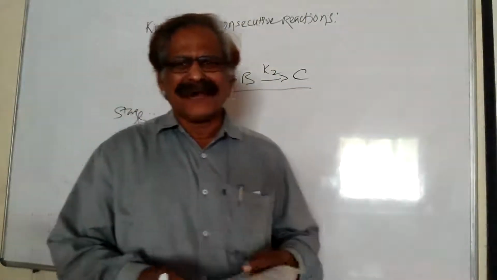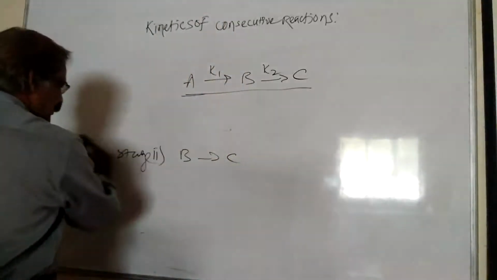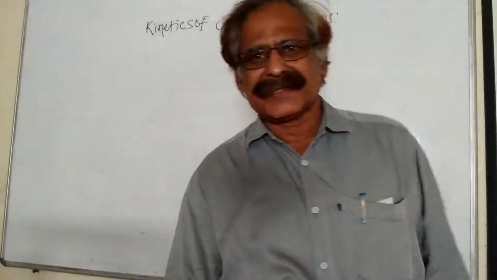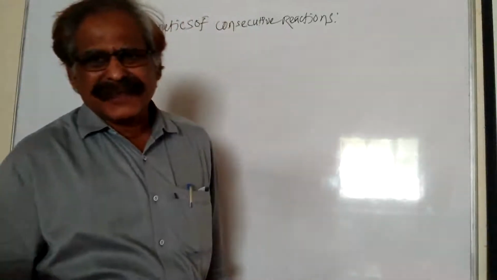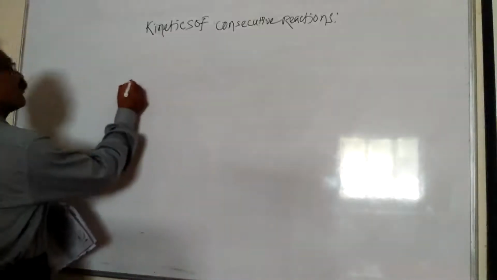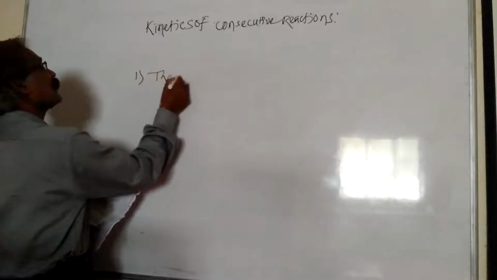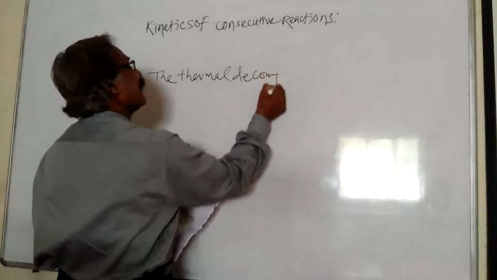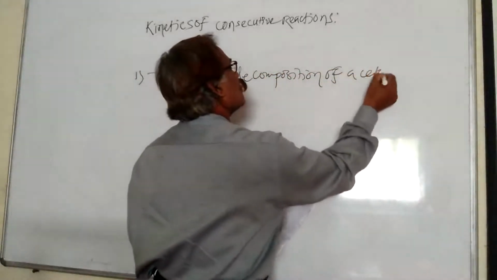So let us have few examples of consecutive reactions or sequential reactions at first, and then we shall see the kinetics of consecutive reaction. The best examples of consecutive reactions or sequential reactions are: number one, the thermal decomposition of acetone.